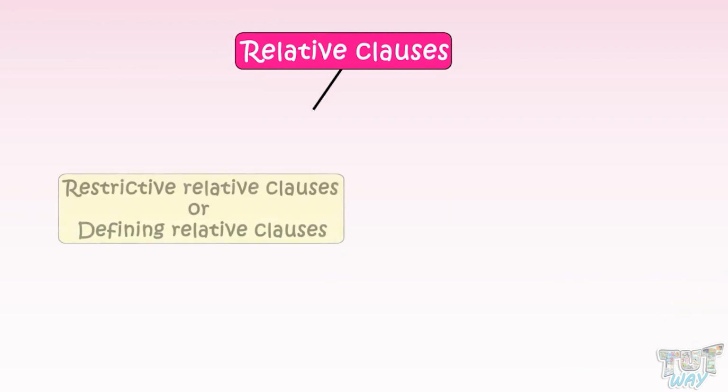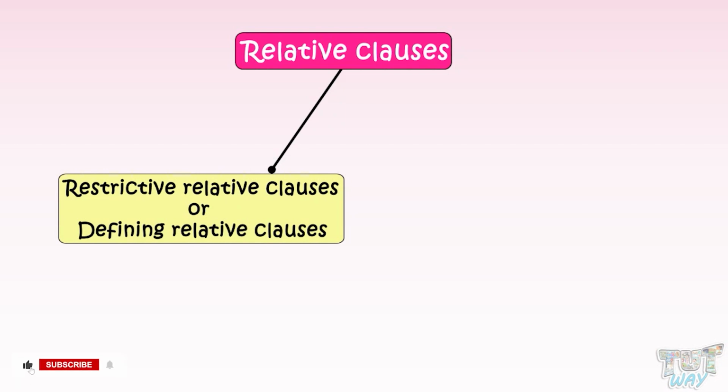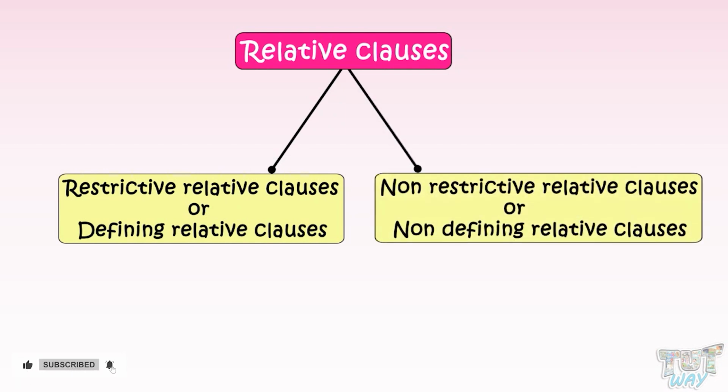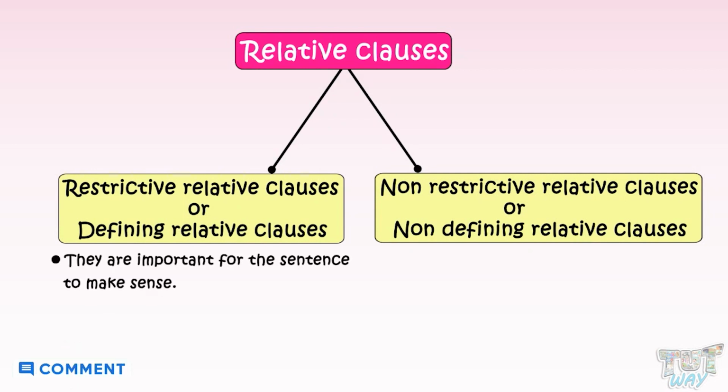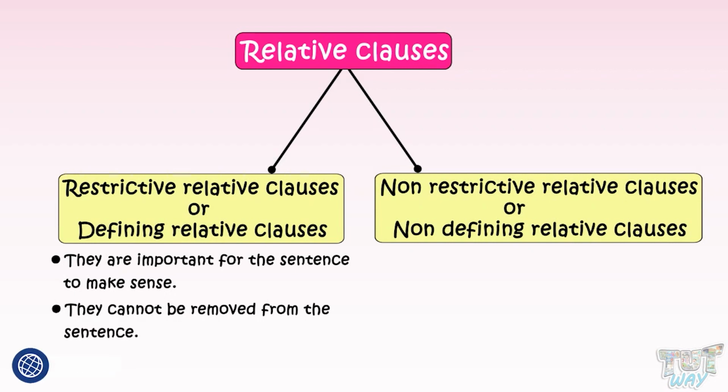Relative clauses can be of two types: restrictive relative clauses or defining relative clauses, and non-restrictive relative clauses or non-defining relative clauses. The restrictive relative clauses are important for the sentence to make sense. The sentence won't make meaning without them.